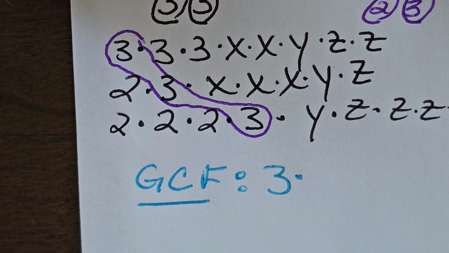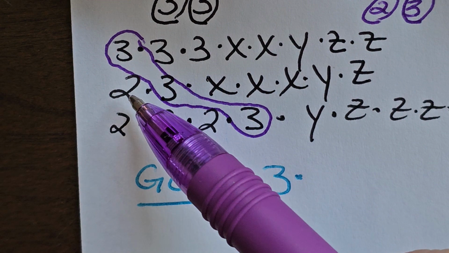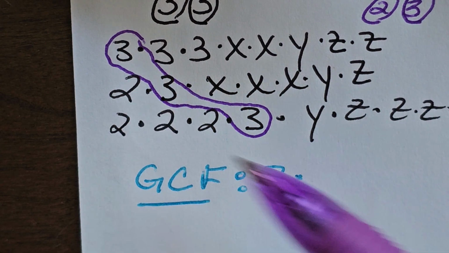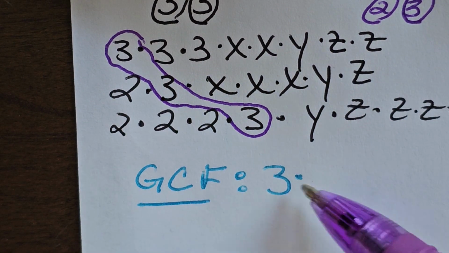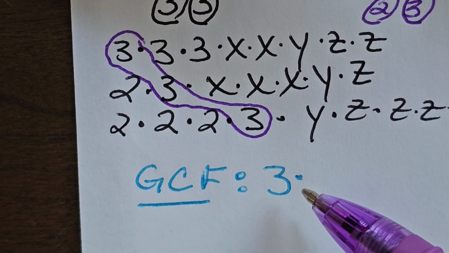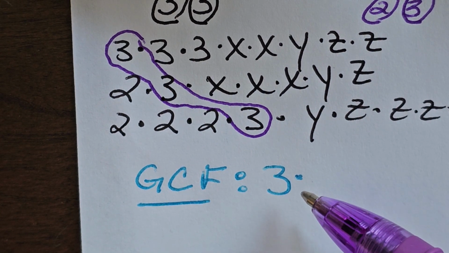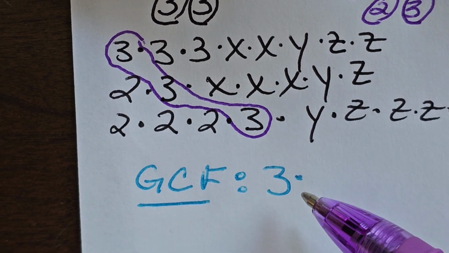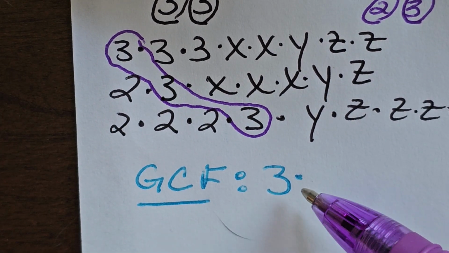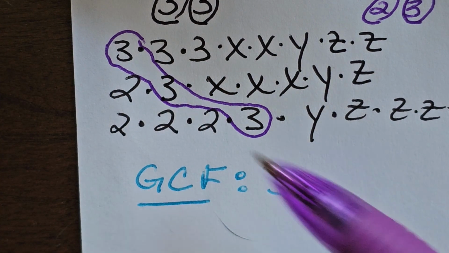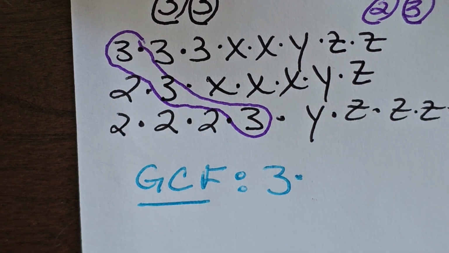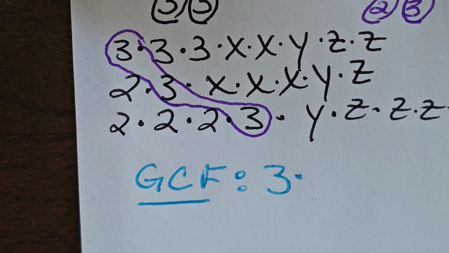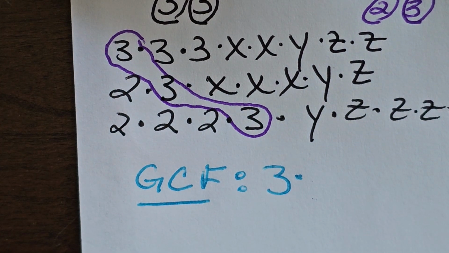And the answer to that is no, because if we put a 2 down here where only 2 of them have it in common, 3 times 2 is 6. And if you recall, our first term is a 27. 6 does not divide into 27, so 6 is not a factor, okay? So we can only include the ones that they all 3 have in common for a common factor, okay? So that's really important because that's a question I get asked a lot.